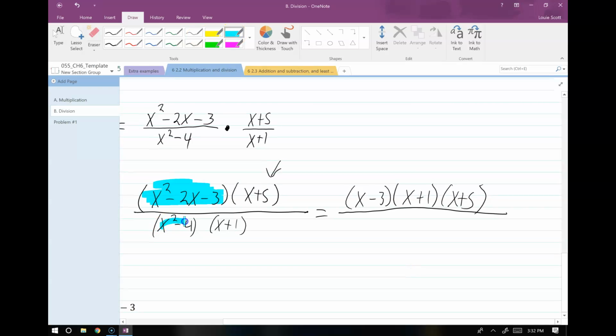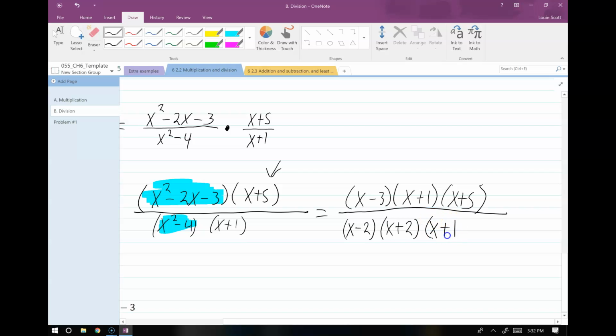Okay. So now, this one looks very similar to something we broke down earlier. All right, this looks a lot like x minus 1, except it's slightly different. What should this factor into? x minus 2, x plus 2. Yes, there we go. x minus 2, x plus 2.